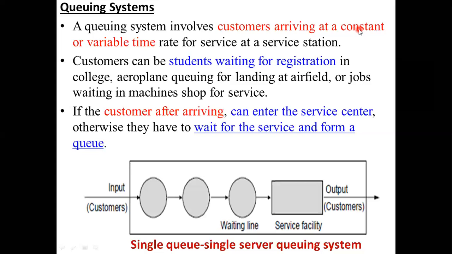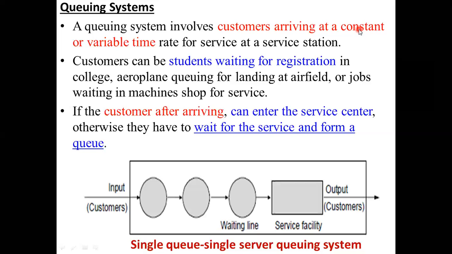Similarly, in the computer, the CPUs that process jobs also use the queue system. They have a queue, which in the computer we call a buffer.